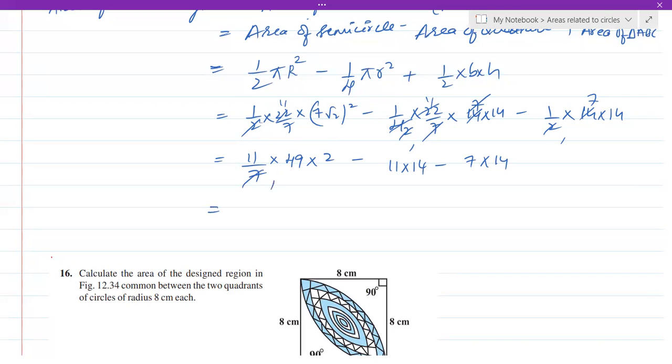Okay, so here we can cancel 7 1s are 7, 7s are. So 11 into 7 is 77. 77 into 2 is 154.